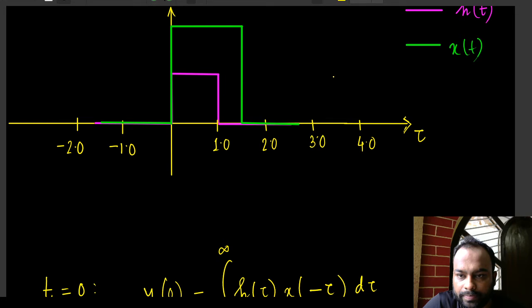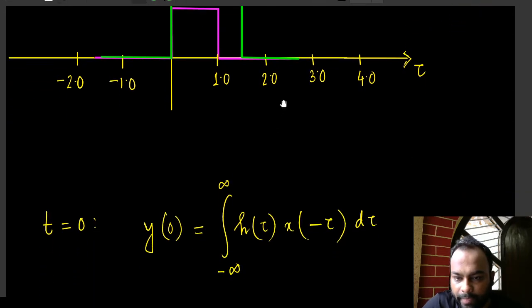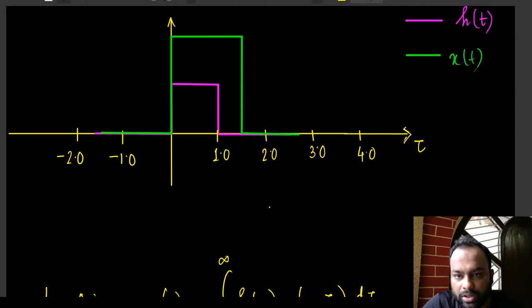Try to understand what happens. I want to calculate this. This signal does not have any issue. This was h of t, now this is h of tau.